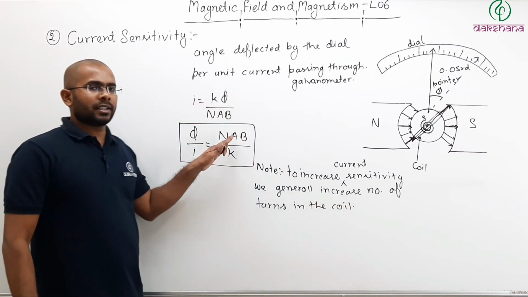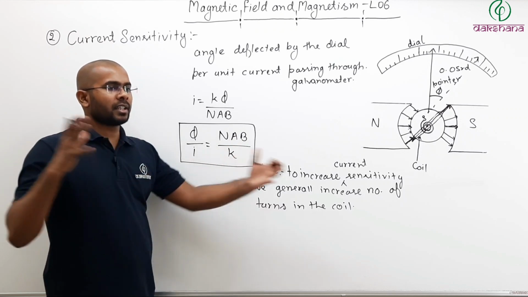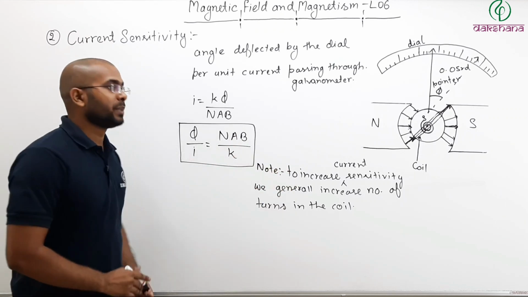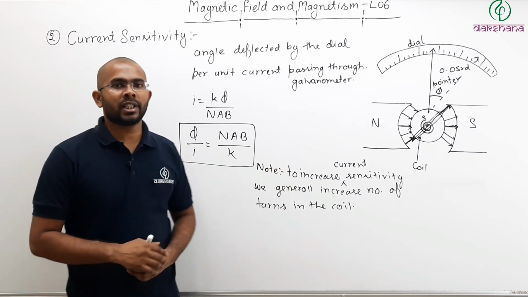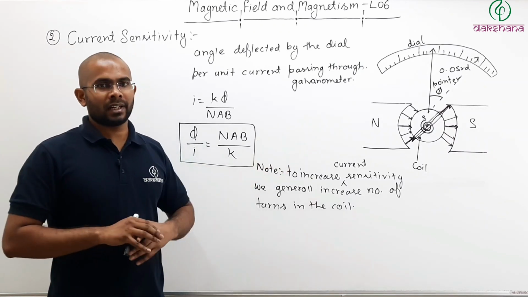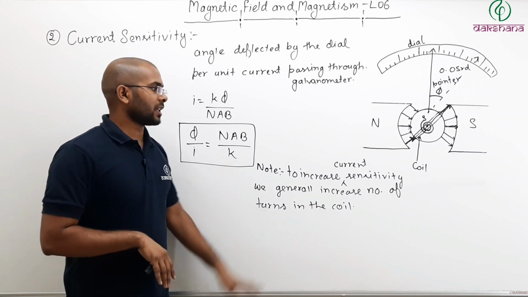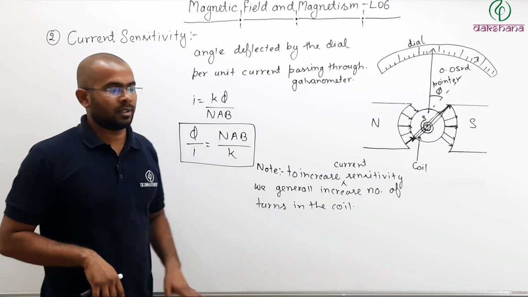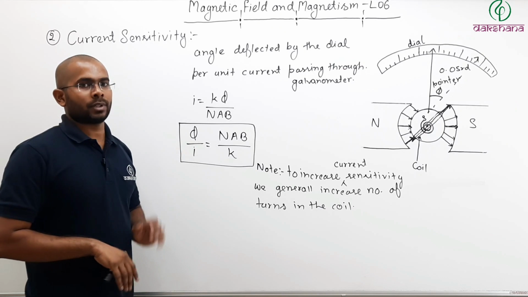We can surely increase the area, but increasing the area will result in a bigger size of the galvanometer. That is not desired. We cannot keep our galvanometer very large. So generally we increase the number of turns. You can pause the video and note it down.